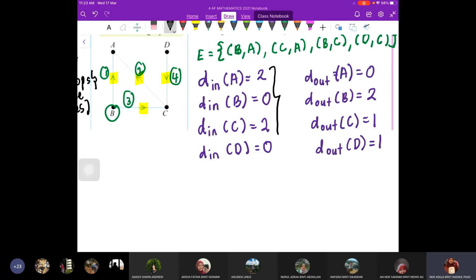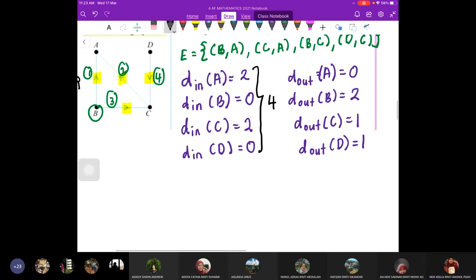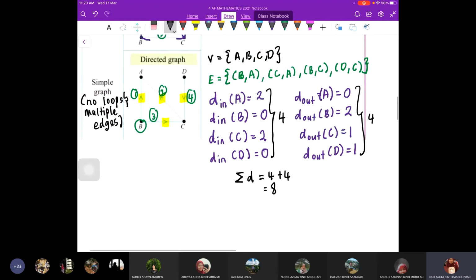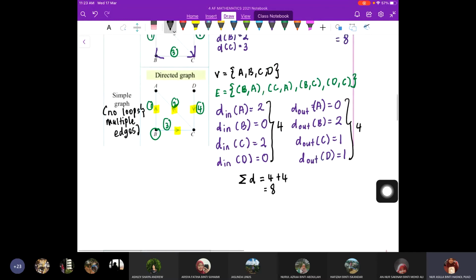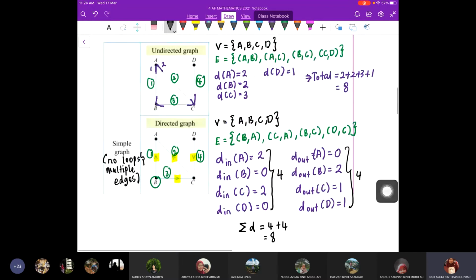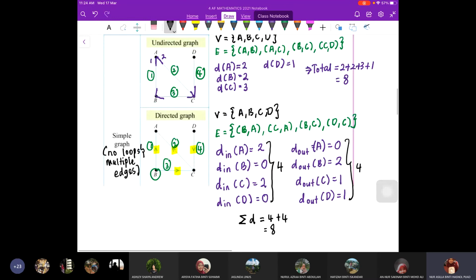So, if I add here 4. Sebelah sini pun 4. So, saya punya total degree saya akan jadi 4 plus 4 which is 8. Okay. So, nak kira degree for directed graph, kita kena consider in and out. Kemudian kita tambahlah semua. Okay, is that clear? Hopefully it's clear. It's a bit different dengan undirected graph.